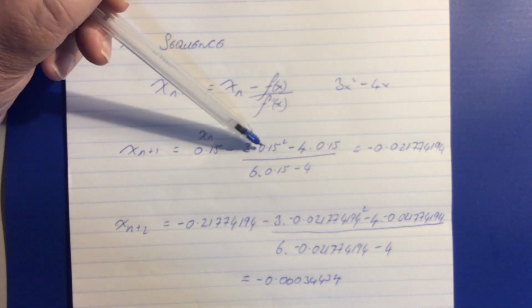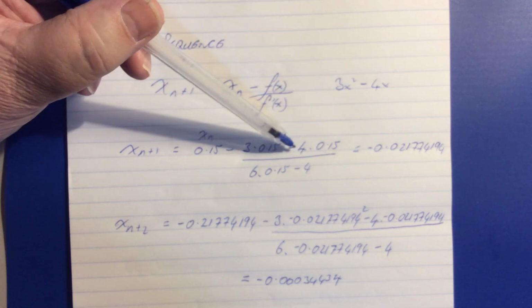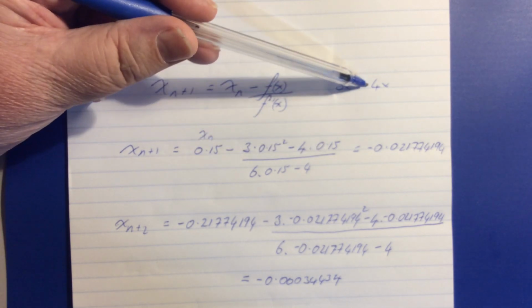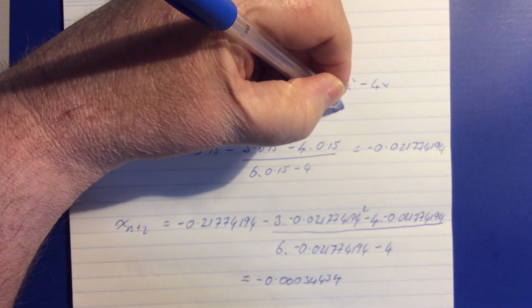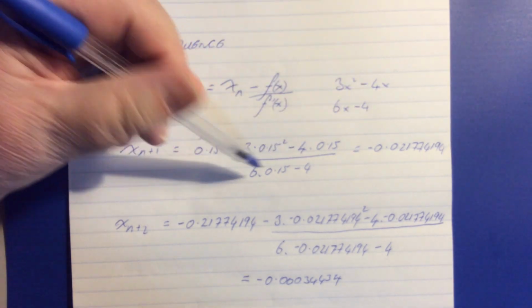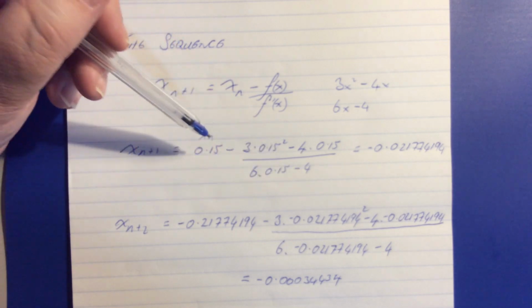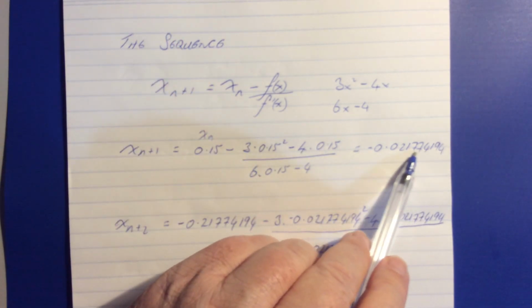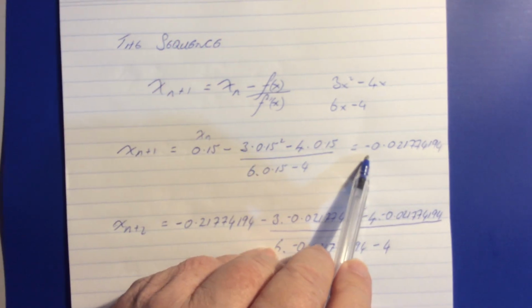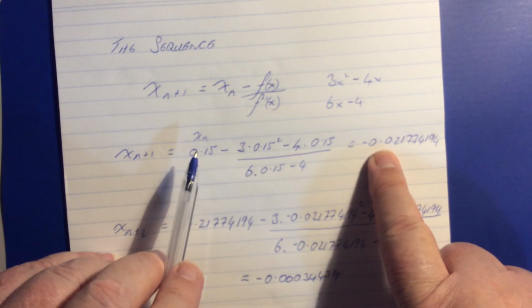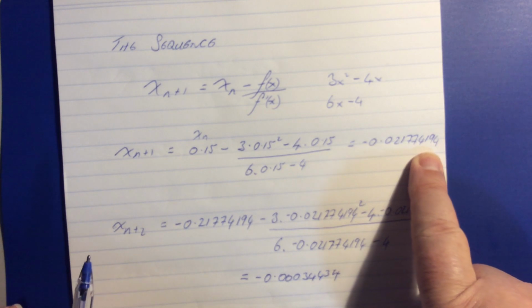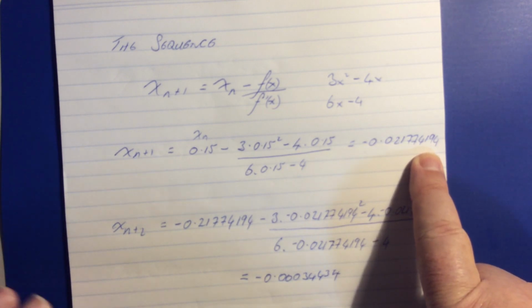That's 3 times 0.15 squared minus 4 times 0.15, all over 6, we'll put the derivative in there, 6x minus 4, 6 times 0.15 minus 4. And what we get is this very small number. So we started with 0.15, and we are getting closer to 0, which we know to be one of the solutions.